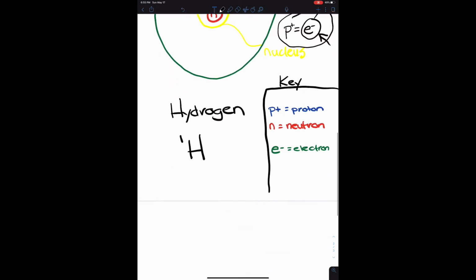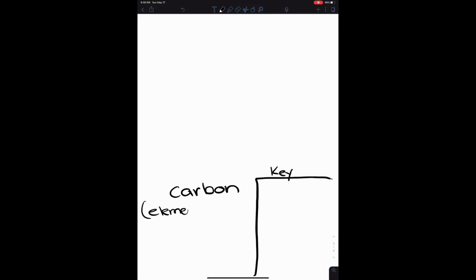Okay, so now what I'd like you to do is make a brand new page. We're going to do a new element. This is my key box. And the element I've chosen is carbon. And I've chosen this because it is the element of all life. Okay?